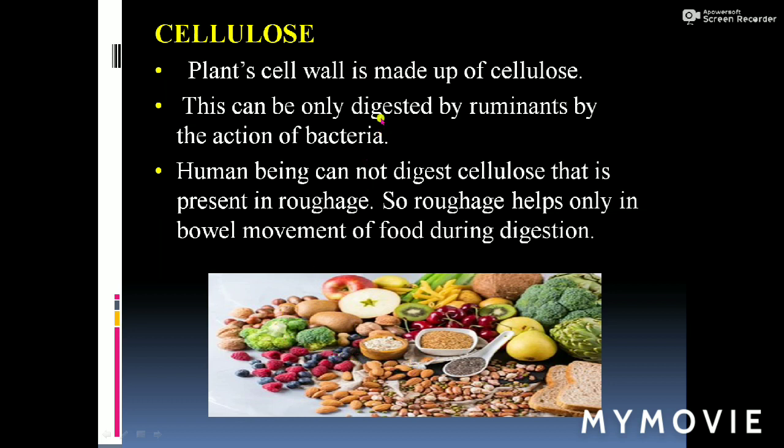Roughage always contains fibrous food. Fibers are thread-like structures which help in the digestion of food. So we should always take fiber foods in our diet. That is what roughage is.